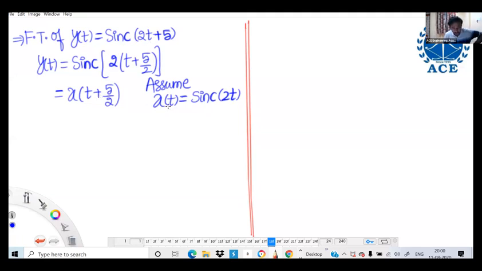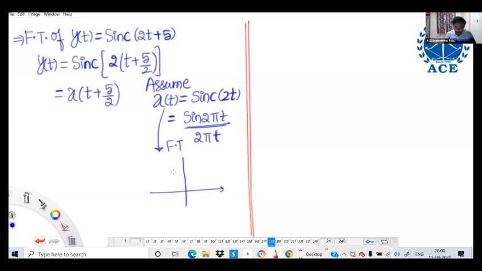Everyone see here, see the cursor. If you replace t as t plus 5 by 2, we are recovering our original signal or not? What is the spectrum of sinc 2t? It is sin 2 pi t by pi t, so the Fourier transform of this one is a rectangle that covers from minus 2 pi to 2 pi, with amplitude.